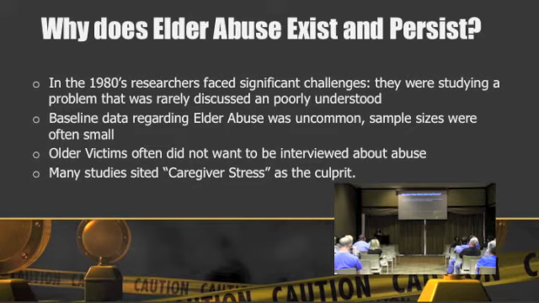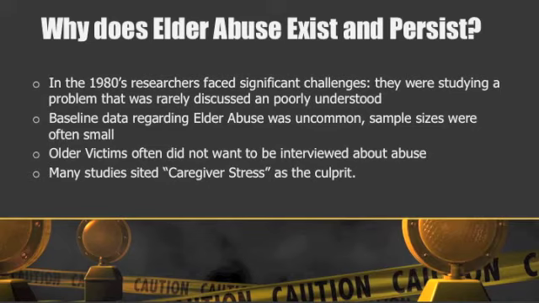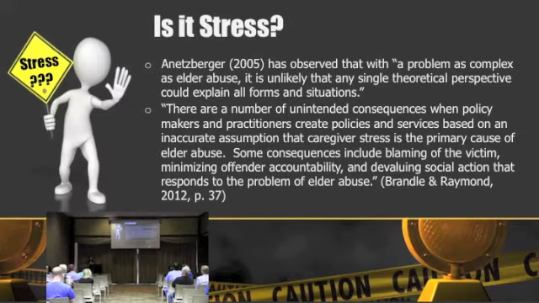It's very complex. And then again, many studies were citing that caregiver stress as the culprit. And so a lot of emphasis and monies were put on reducing that, from caregiver stress to taking care of the patient. And more money was put to that.